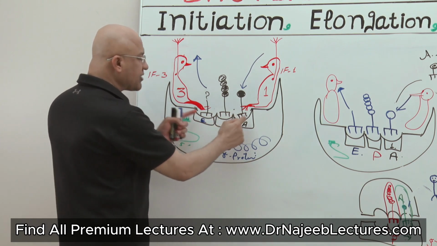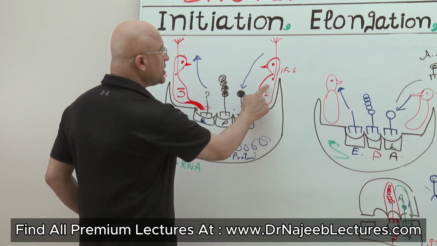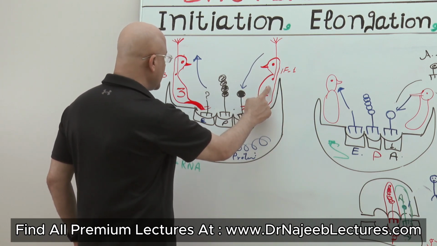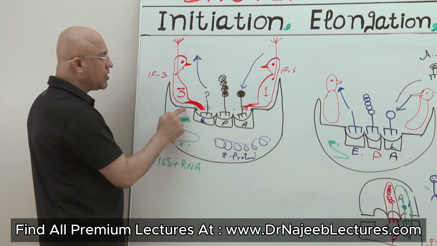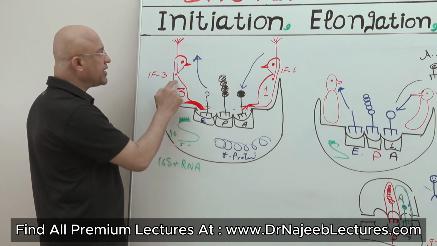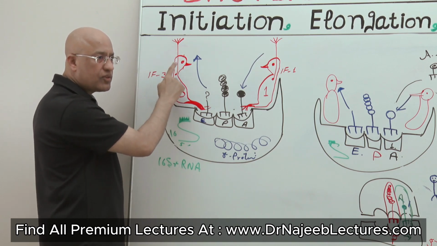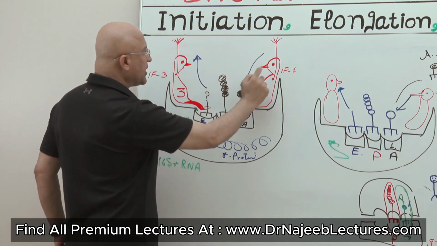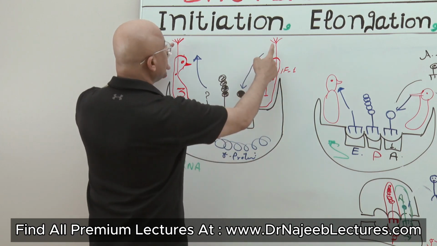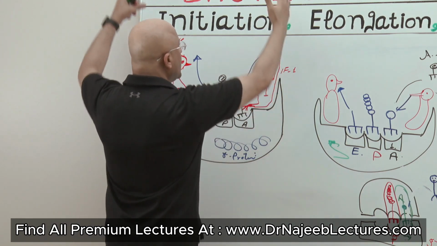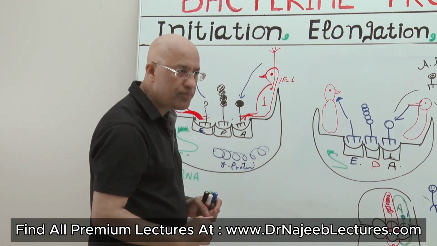On the flank of the A site there is a binding site where initiation factor 1 is present, and on the side of the E site there is a binding site for initiation factor 3. These initiation factors 1 and 3 have many functions which I will discuss later, but one function here is that they prevent the 50S unit from binding the 30S unit prematurely, right?